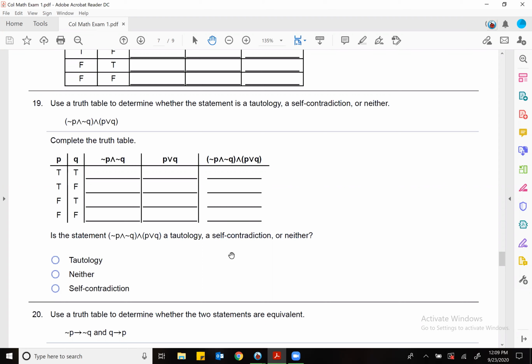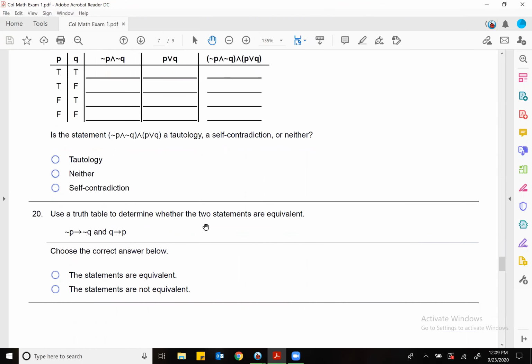Has to be all true. Yeah, that's what tautology means. It's all true. Is that what happened to us? No. So what do you think a self-contradiction means? It's all false. You got it. Is that what happened to us? Yep. Then it's a self-contradiction. If it wasn't any of those two, select neither. All right. So tautology means all true. Self-contradiction means all false.